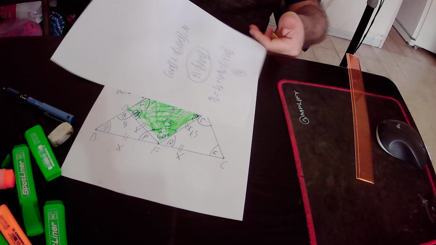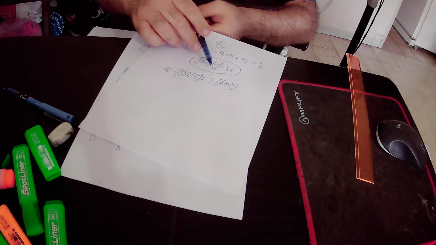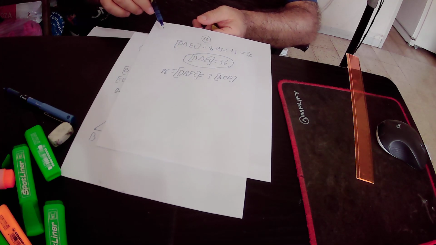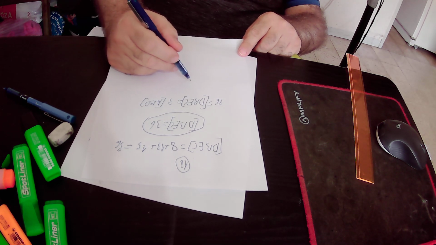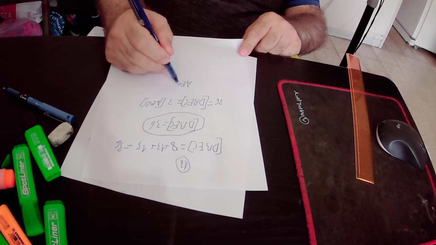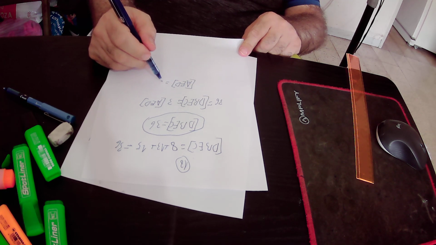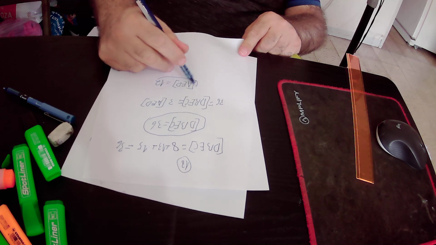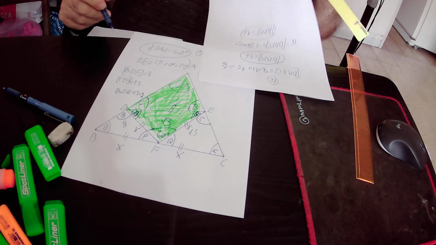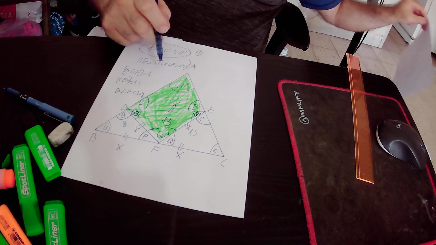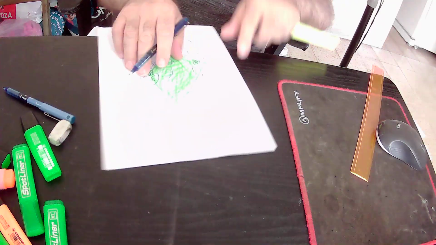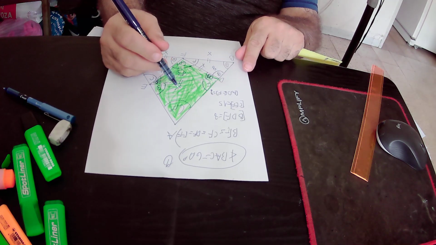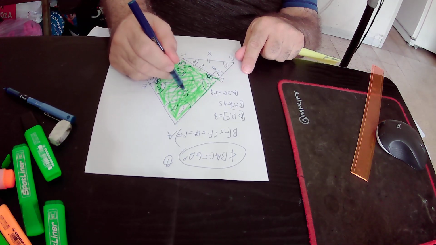So we can divide this equality by 3, and we will get that the area of triangle AED equals 36 over 3, which is 12 square units. So we found out that the area of triangle AED equals 12 units.